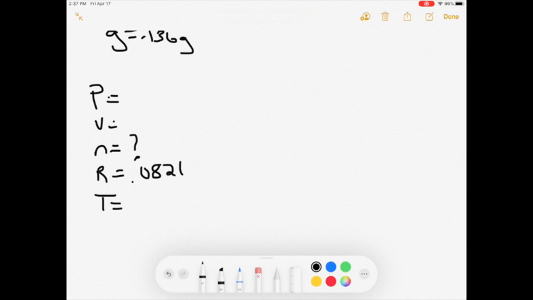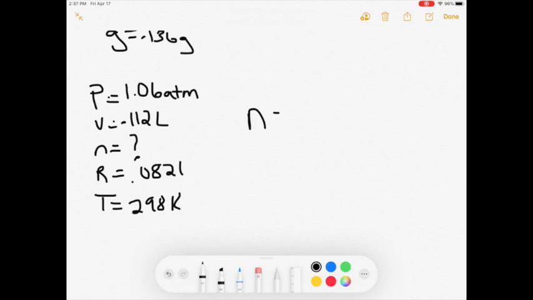It says we have 0.112 liters, pressure of 1.06 atm, and our temperature is 298 Kelvin. Okay, so to rearrange the equation, we just have to move R and T under PV. And our units are all good, so we can plug everything in.